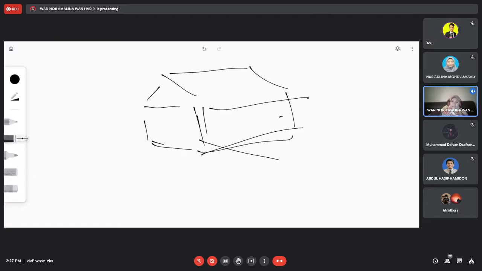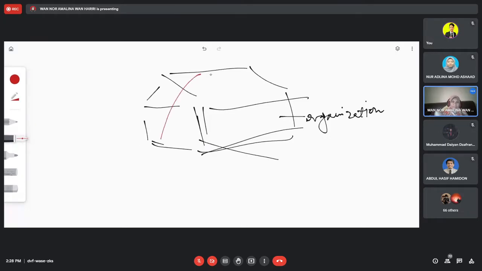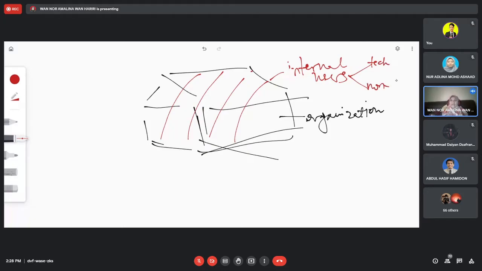So the people inside the organization who use the system are called the internal users, and the internal users can be technical and also non-technical.